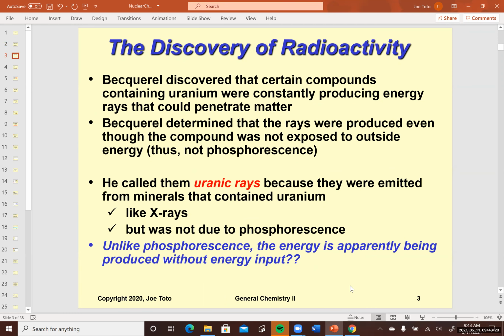All right, so a little history of radioactivity. It's kind of interesting. It was discovered by mistake.